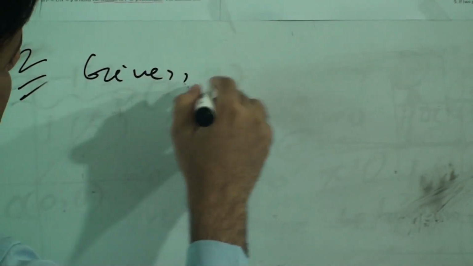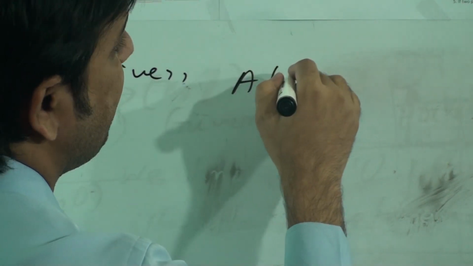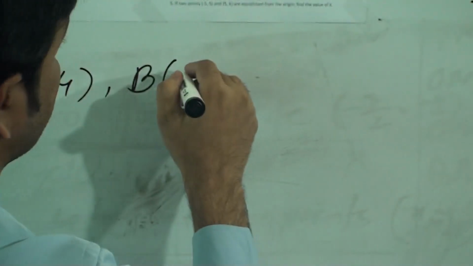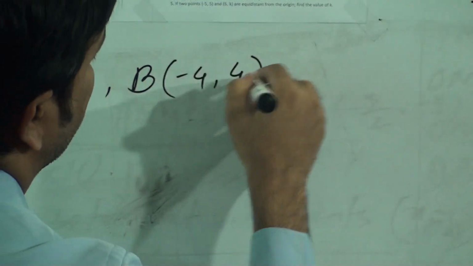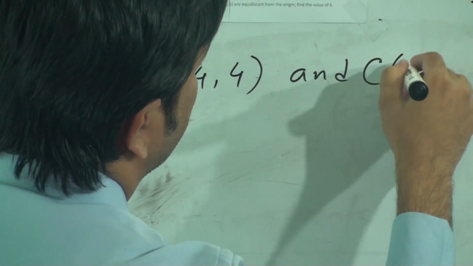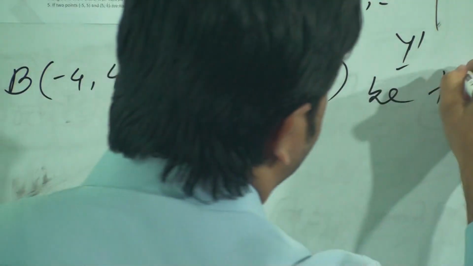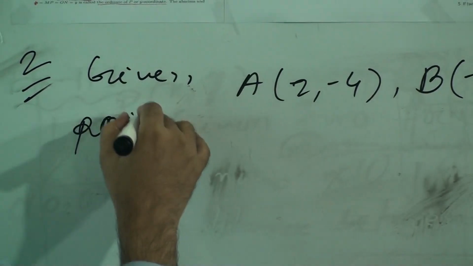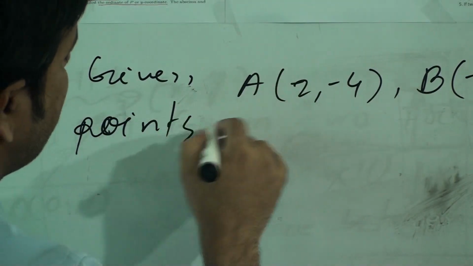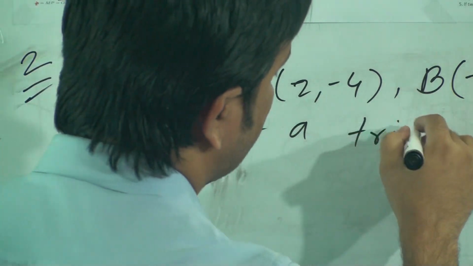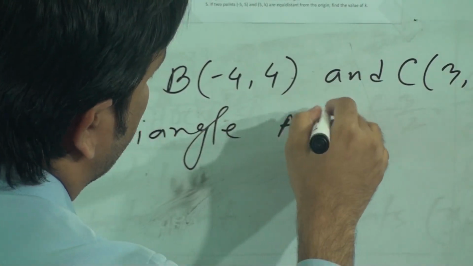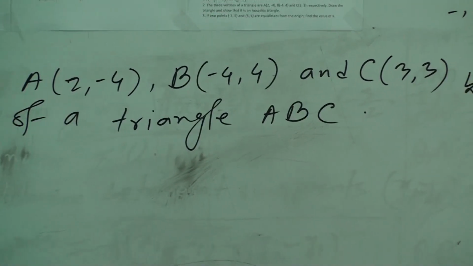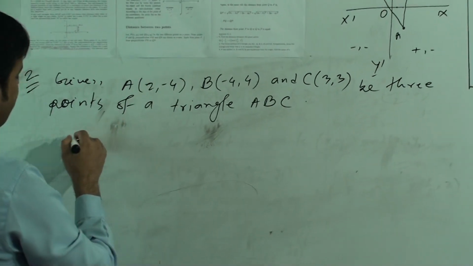Given: points A (2, -4), B (-4, 4), and C (3, 3) are the three points of a triangle ABC. Now we can determine the lengths of the sides of the triangle. At first we can determine AB.